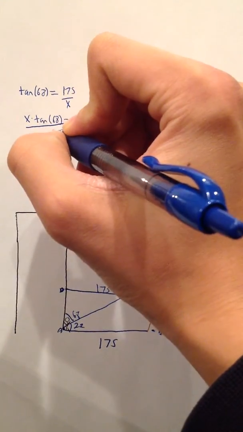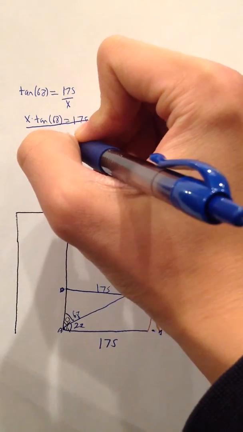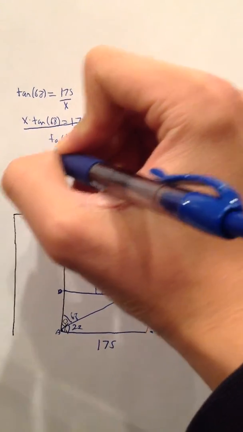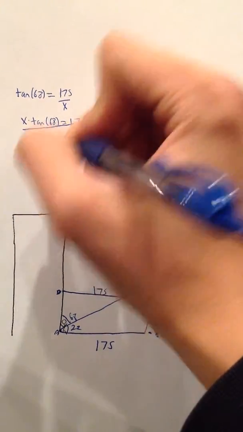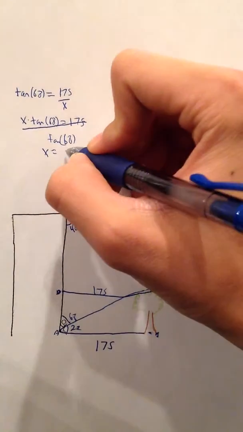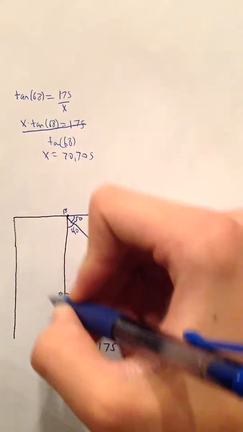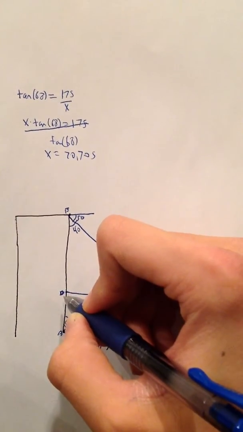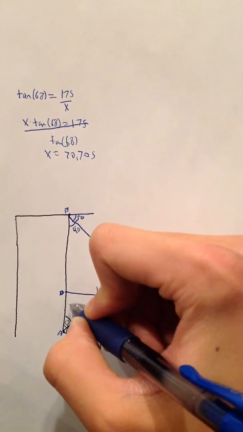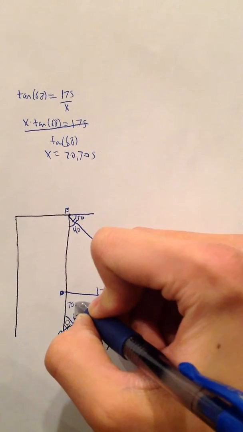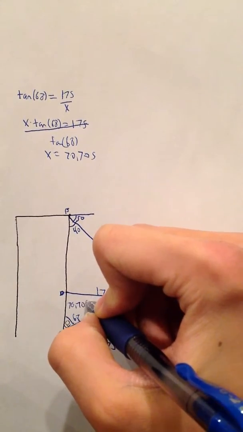Divide by tangent 68, and x turns out to be 70.705. So AD is 70.705.